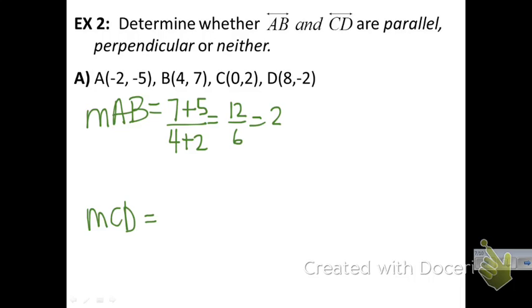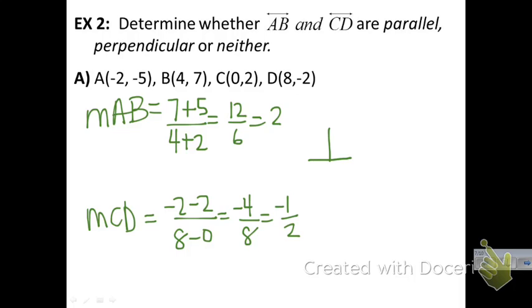The slope for CD, we take -2 minus 2 over 8 minus 0. On the top you get -4 over 8. This reduces to -1/2. We can see that these are negative reciprocals, so we would say that these two lines are perpendicular. We can use the symbol, an upside down T, to represent perpendicular, or you can write the word perpendicular out.